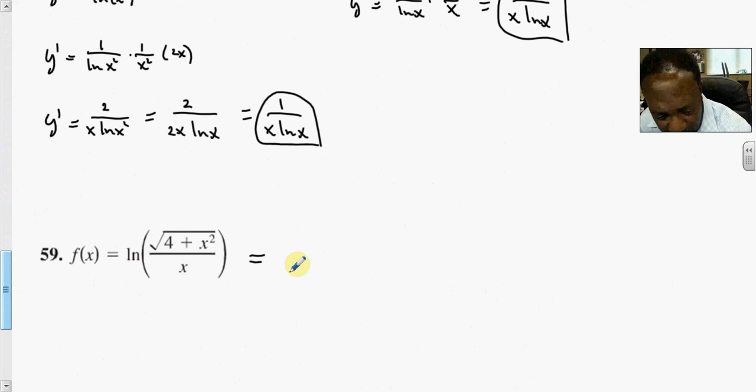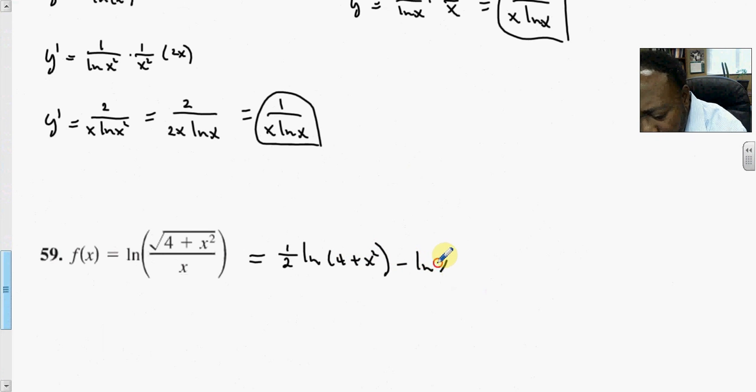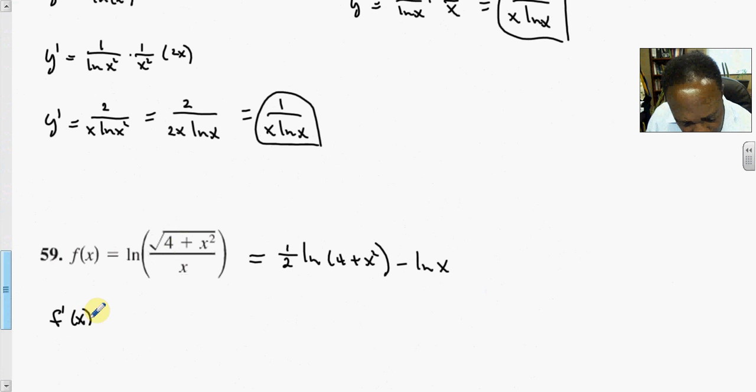So anyway, let's expand this. Do you see that this is, yes, 1/2 times the natural log of 4 plus x squared. Then it's minus the natural log of x. The 1/2 is only for the power of the numerator. So now we take the derivative. So f prime of x.